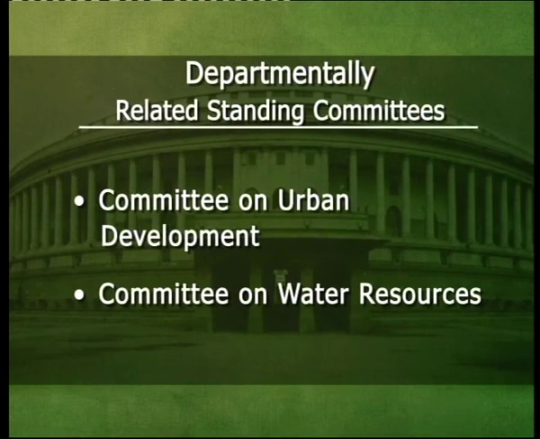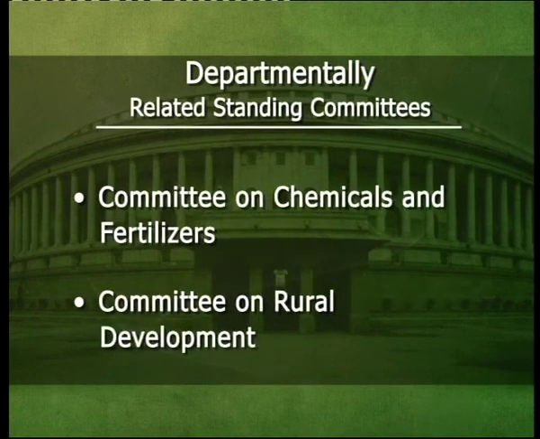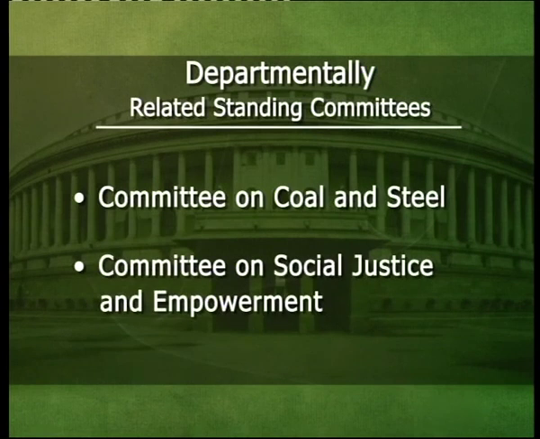With a view to ensuring timely implementation of the recommendations made by the DRSCs, it has been made obligatory for the minister concerned to make once in 6 months a statement in the House regarding the status of implementation of the recommendations contained in the reports of the DRSCs.